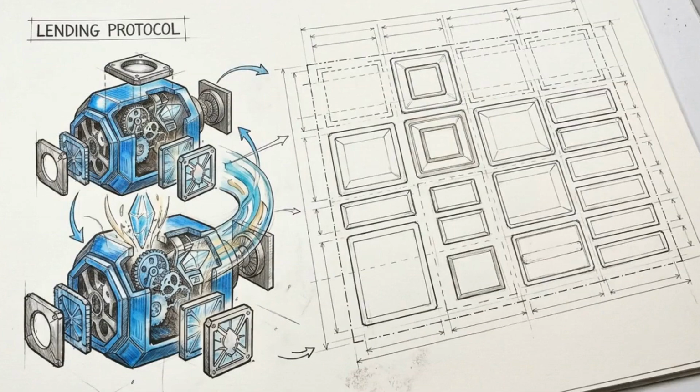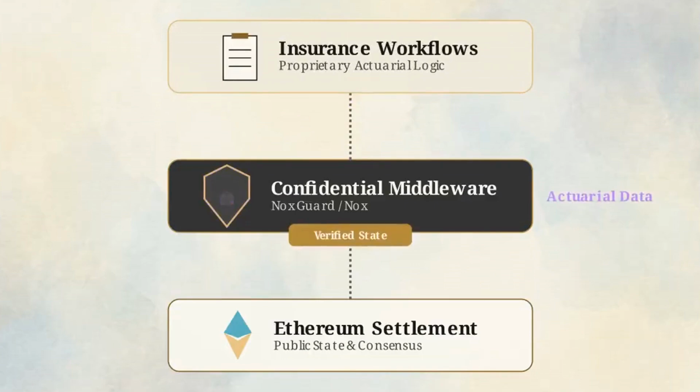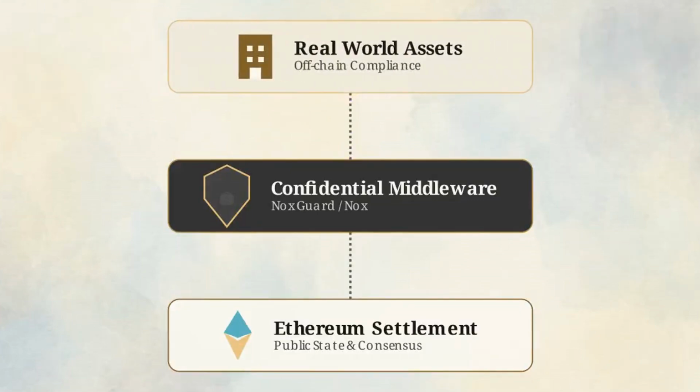While lending is the initial use case, this middleware model is designed to support any financial primitive on the EVM. This architecture can be applied to diverse institutional sectors. Insurance protocols can use this model to manage claims processing and payout logic without revealing their proprietary actuarial data.